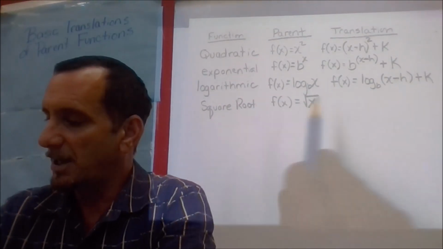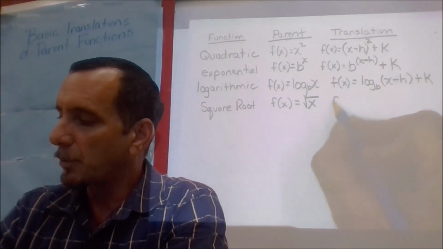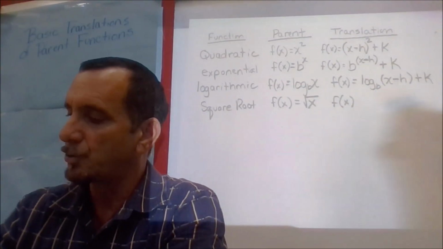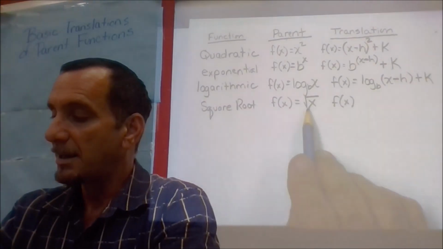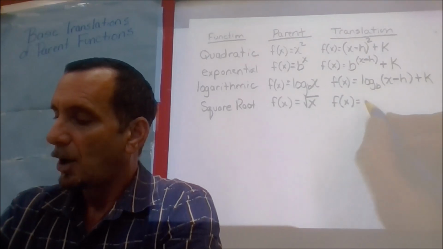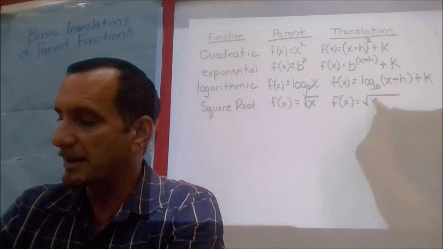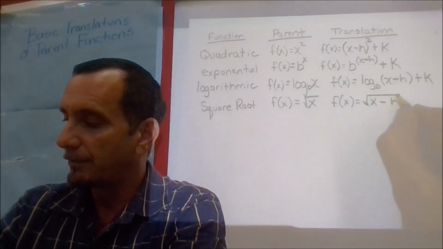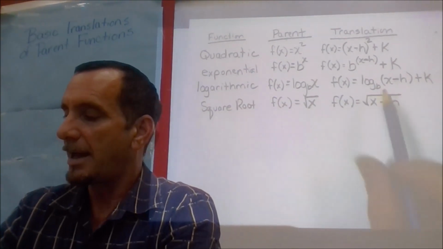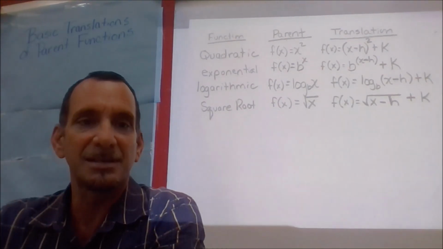The parent function is f of x equals the square root of x. Now, if you were working out a pattern on how to translate this function using the same rules, we're going to keep the h with the x under the radical. x minus h, and then off to the side we've got a plus k.